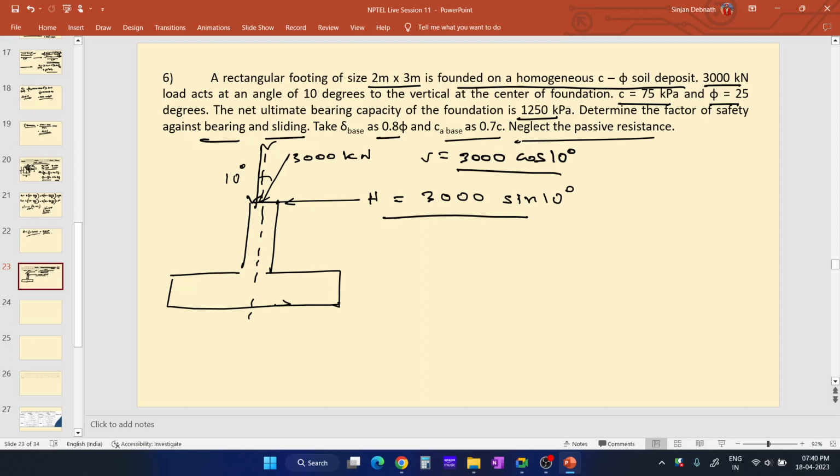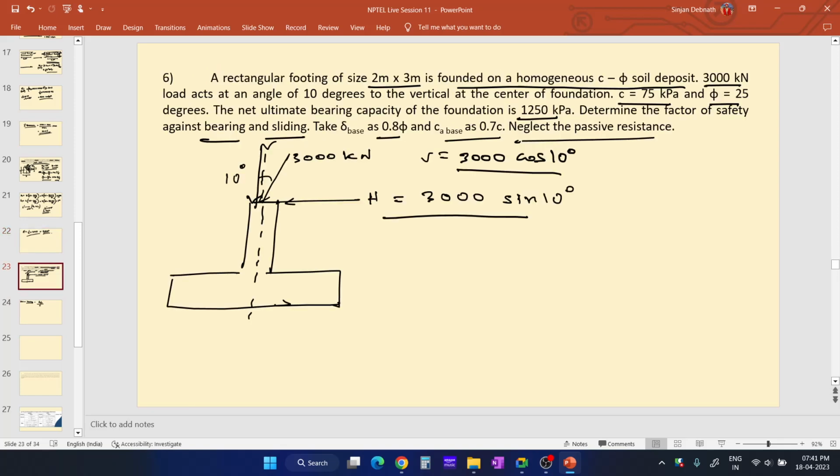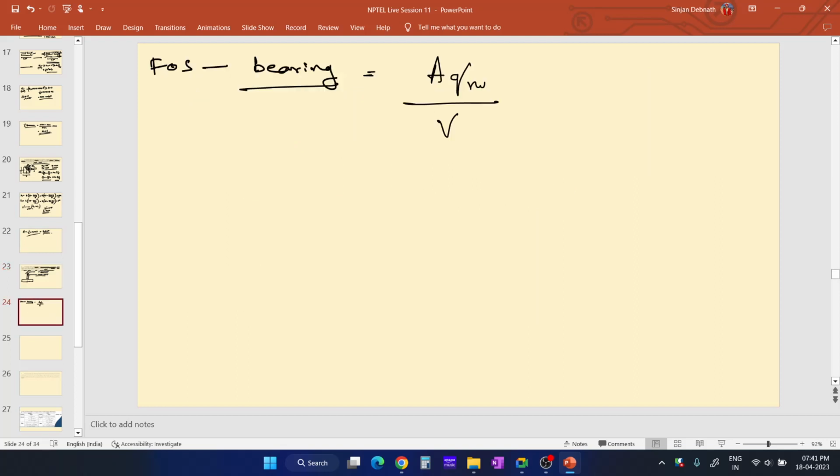First of all, let me solve to determine the factor of safety against bearing. The factor of safety against bearing is given by A Qnu by V. And Qnu, the net ultimate bearing capacity, is 1250 kPa.